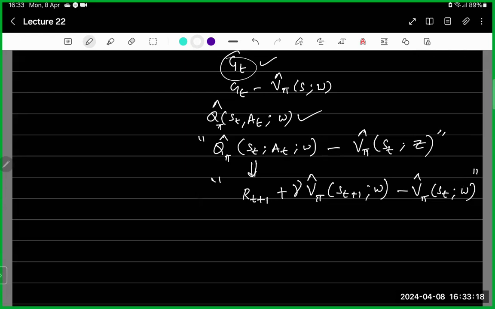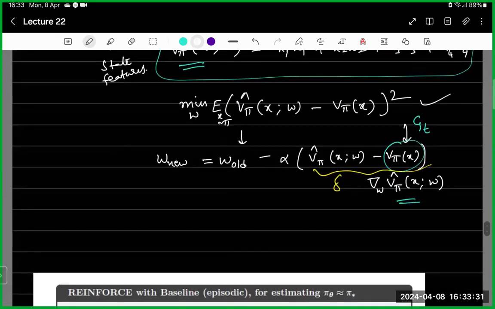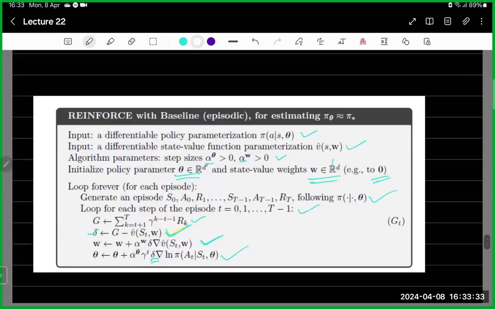And what will be your update rule for v pi? What update rule should we use for v pi? Do you want to use the same update rule for W? We can, but would you like to use that?